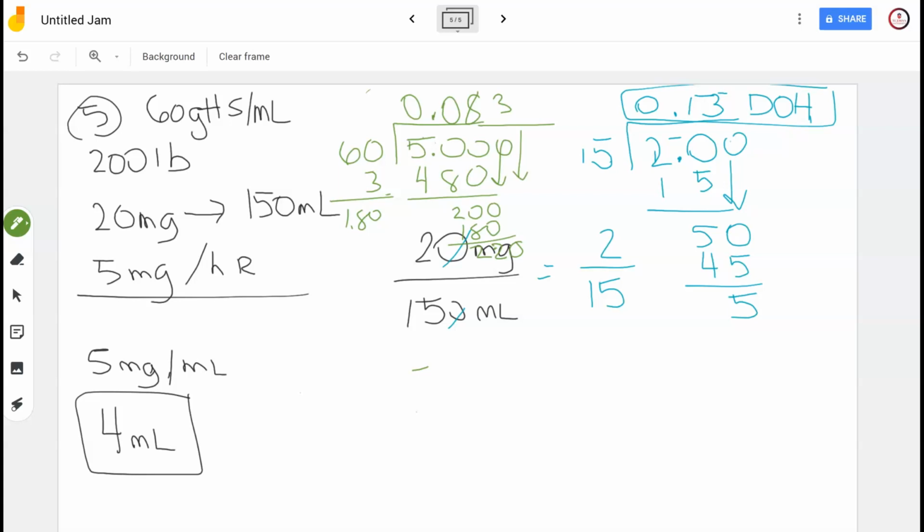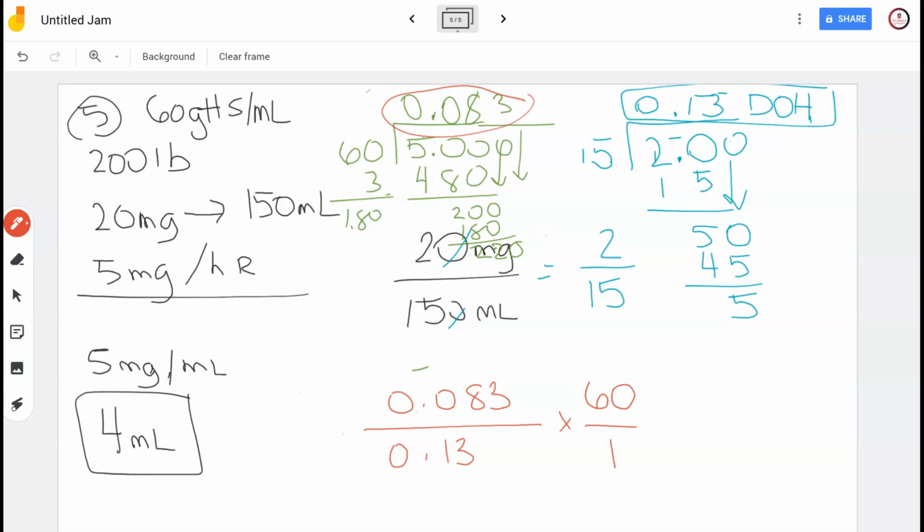So you are going to have your desired dose, which is 0.083, over 0.13 times 60 over 1.